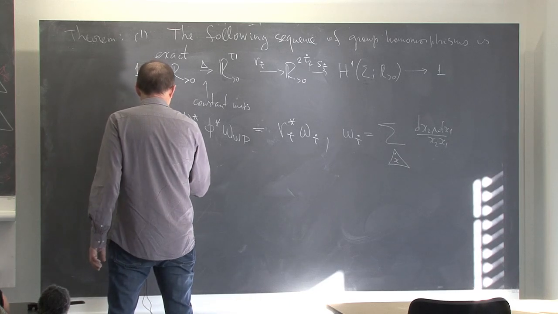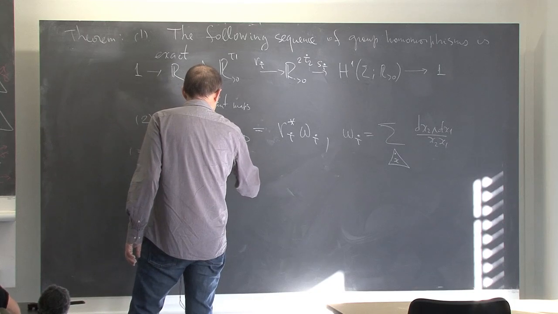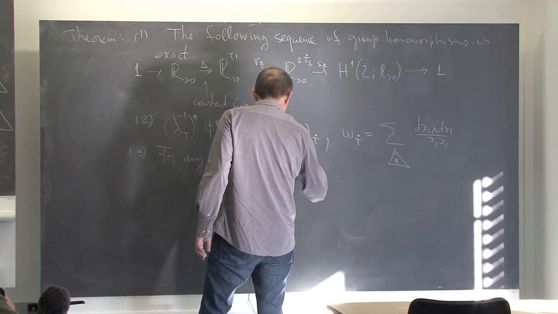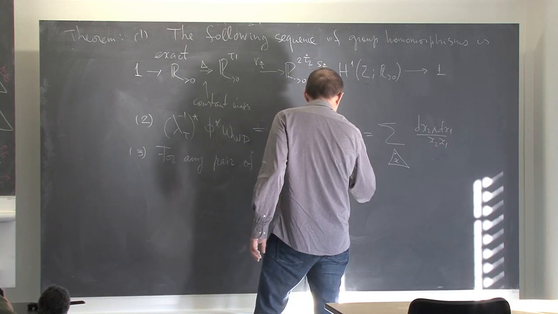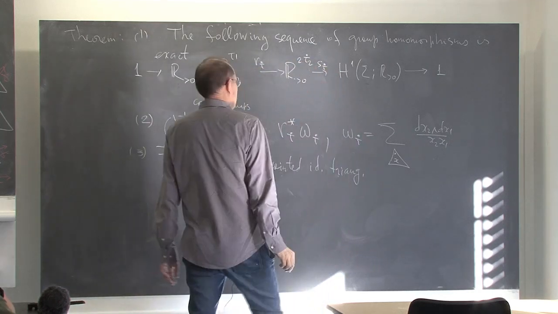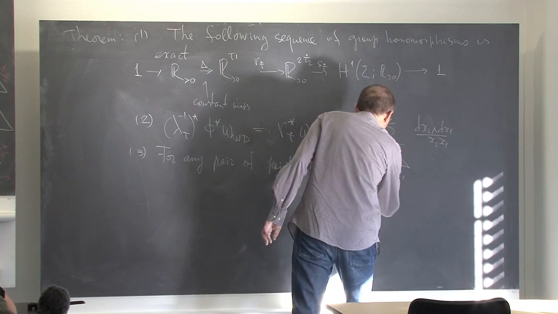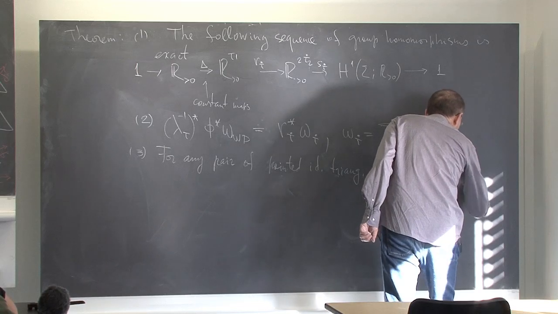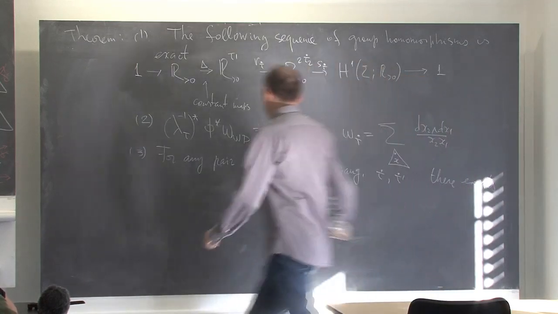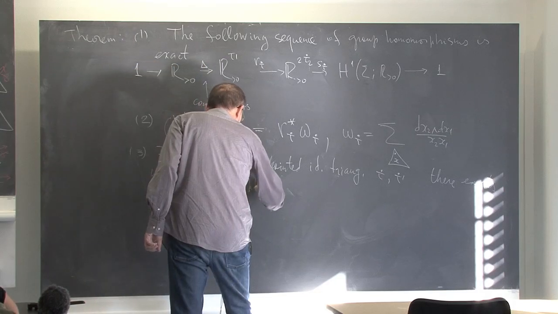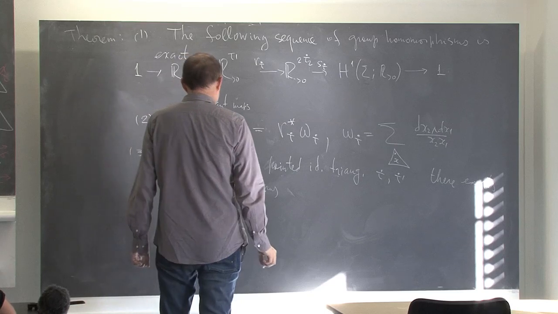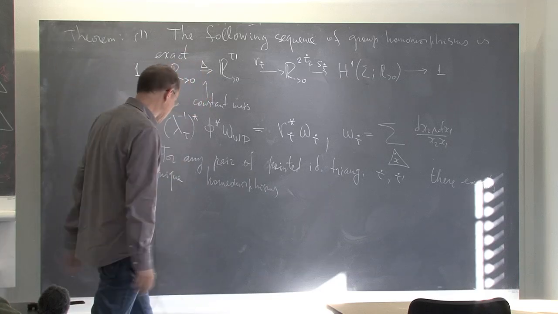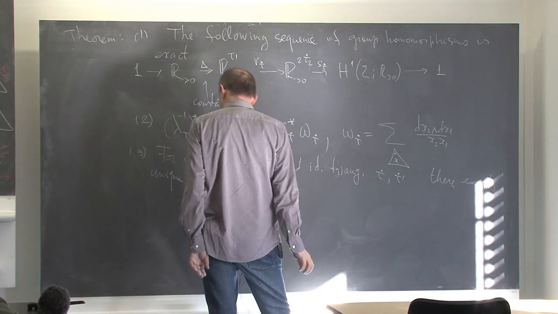For any pair of dotted pointed ideal triangulations, tau dot and tau dot prime, with points, there exists a unique homeomorphism, which are not just homeomorphisms, they are rational diffeomorphisms, but never mind.